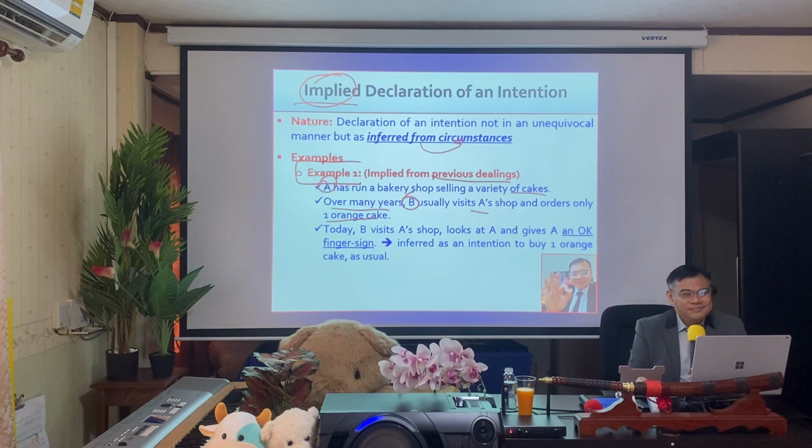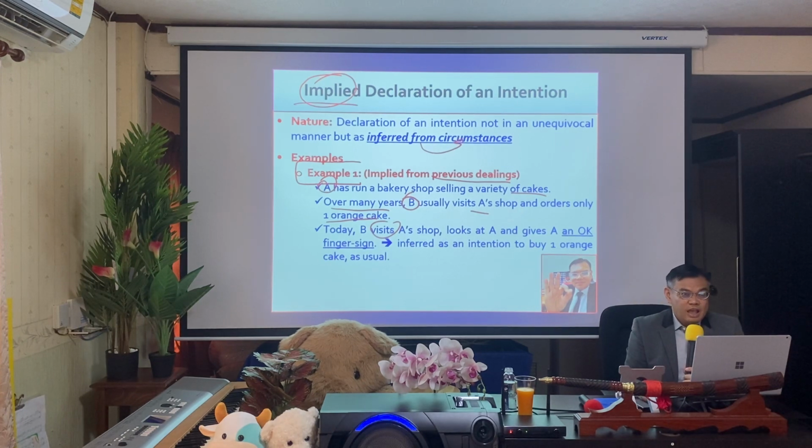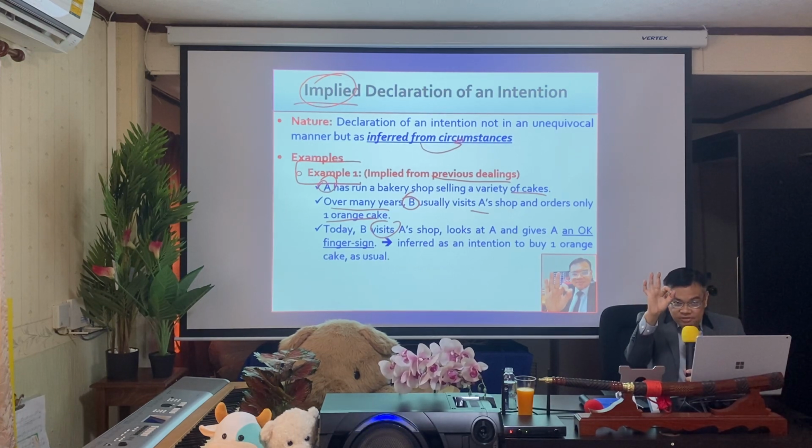Let's put it today. Today, B visits this shop again. And he looks at A, the shopkeeper, and says nothing at all, but he gives an okay sign. When B gives A this okay sign, what is it?